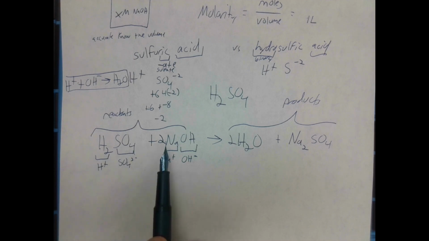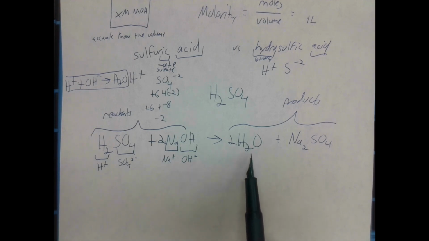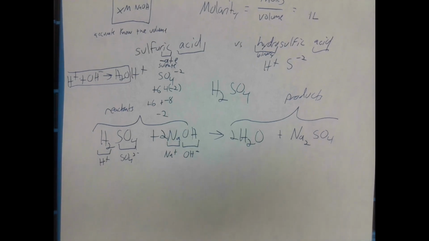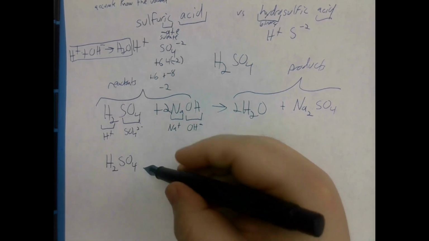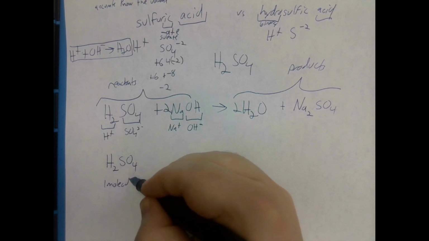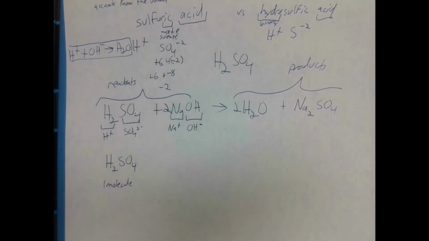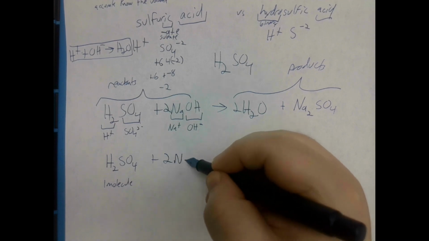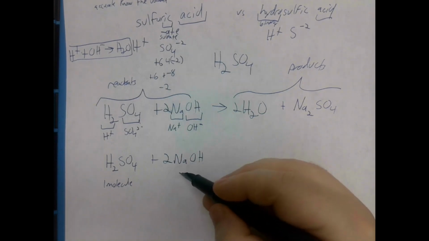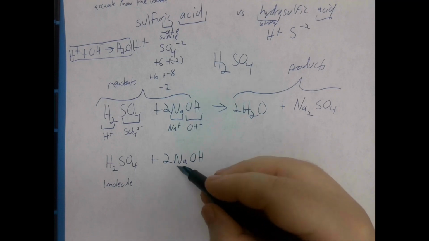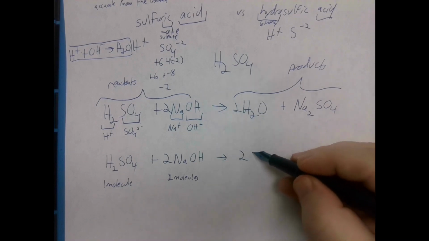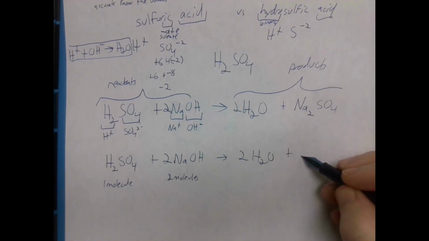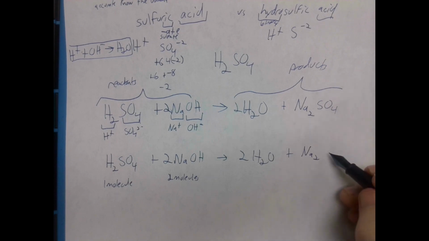We have 2 plus 4, 6 oxygen. 2 sodium. This is balanced. So what this tells us is for every 1 molecule of sulfuric acid, we need 2 molecules of sodium hydroxide, which gives us 2 molecules of water and 1 molecule of sodium sulfate.